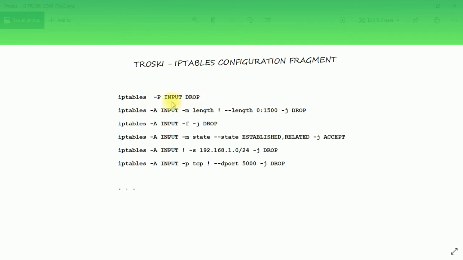This is not a rule, this tells us that the default input policy is to drop everything that is going to be sent on our input chain. I'll show you just for a moment how to change the default policy for a chain. Like you see, we've got here 5 rules. This is the fragment of the whole configuration from the Trotsky iptables firewall.